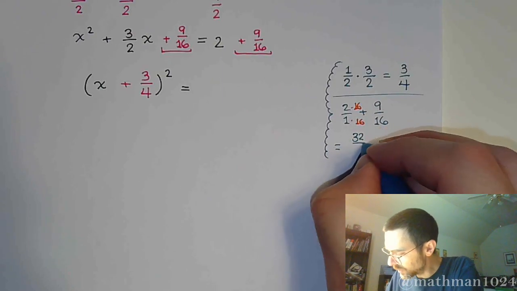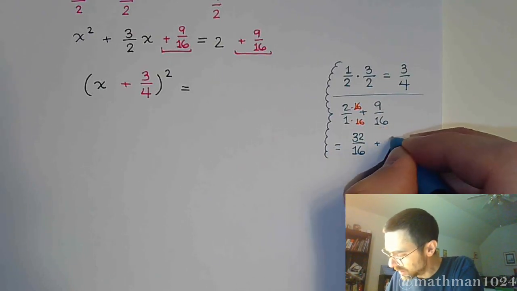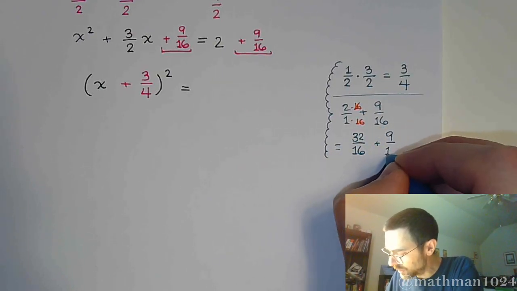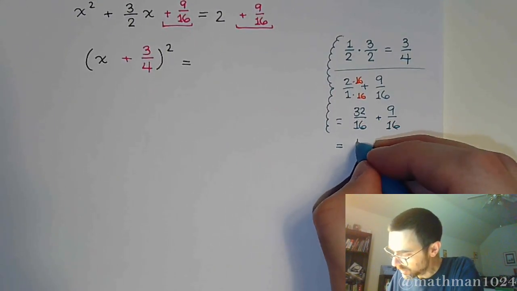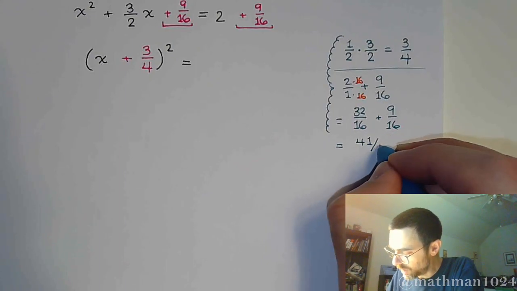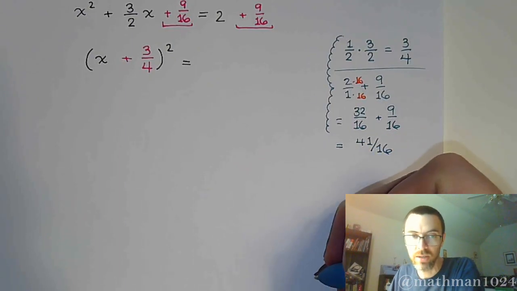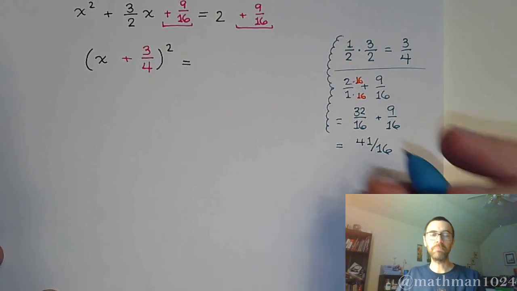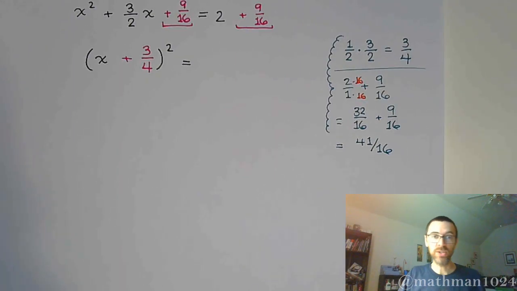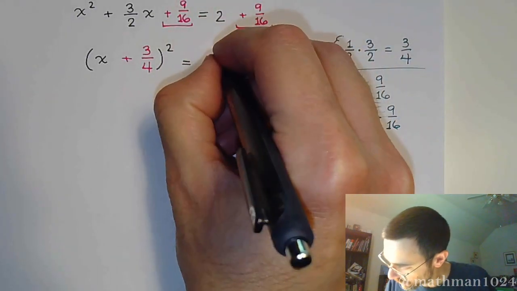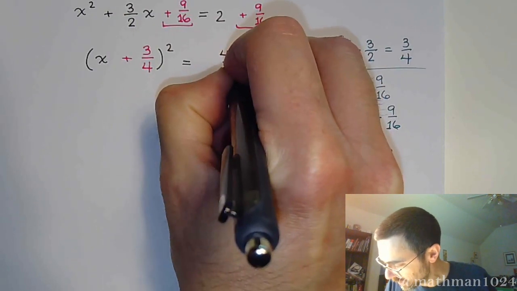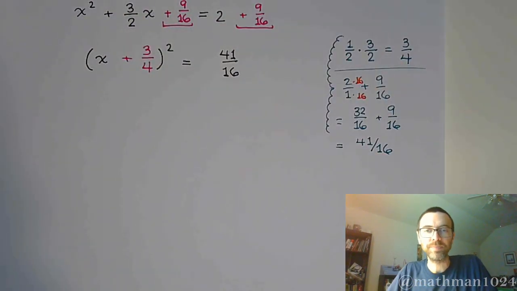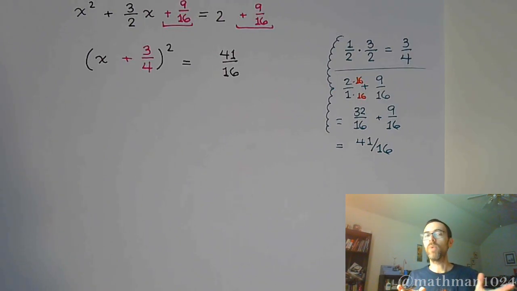So we get 32 over 16 plus 9 over 16, and altogether 41 over 16. Yeah, okay. I mean, again, it's just a number, so please don't let that throw you off. So 41 over 16.